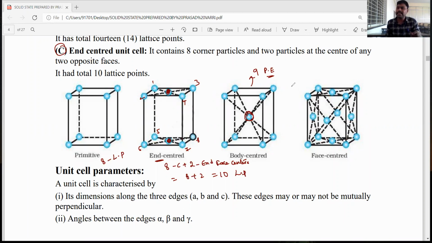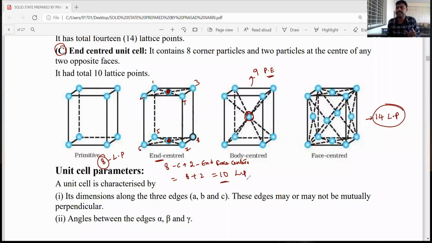How many in end centered? 8 corners plus 2 opposite face centers, total 10 lattice points. And in a simple or primitive unit cell, how many lattice points? 8 are present, dear students. And in face centered, total 14 lattice points.